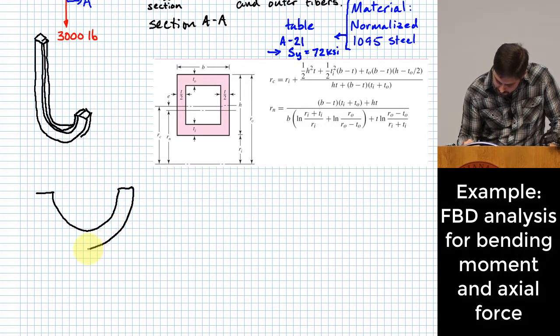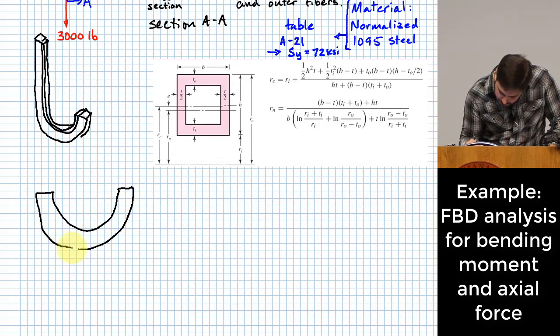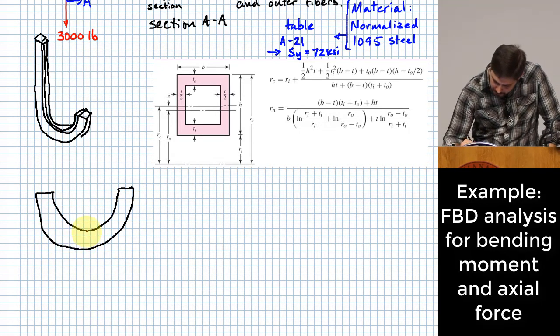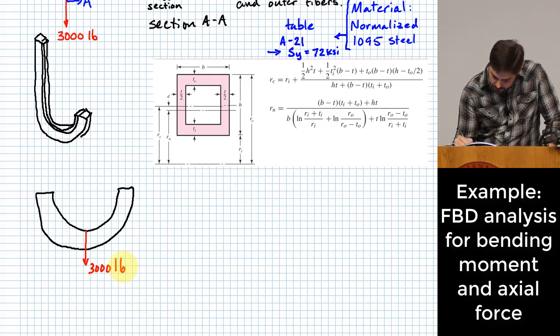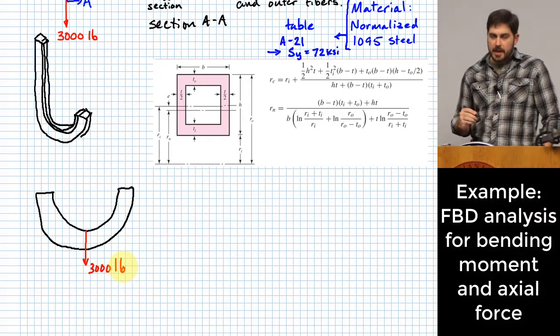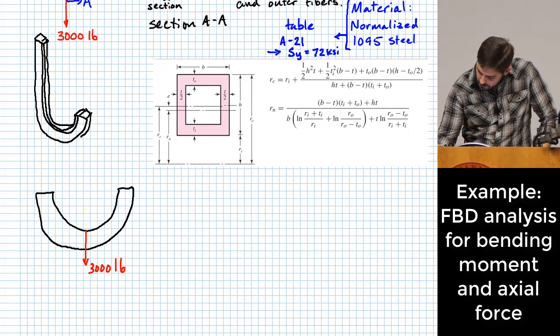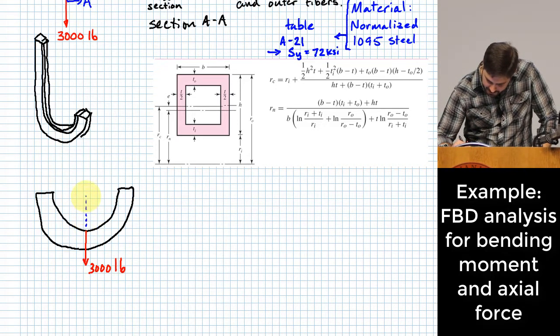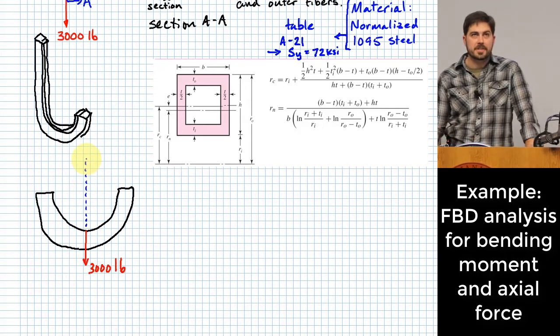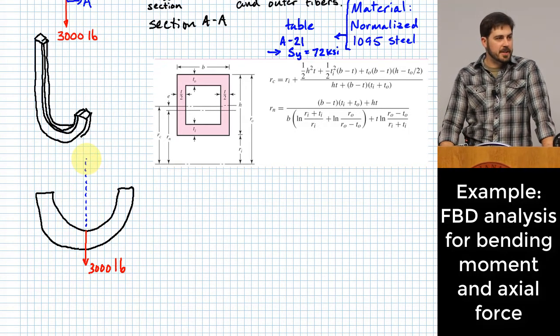We have a 3,000 pound force pulling right here. And the only thing that's a little bit tricky about this is to make sure that we understand where exactly we assume that this force is applied.